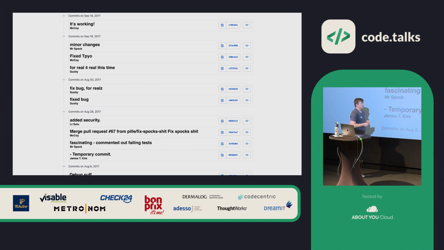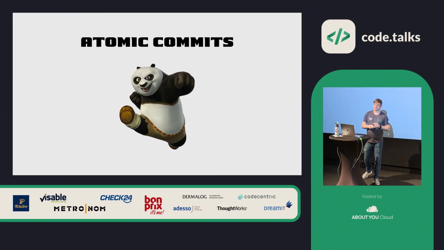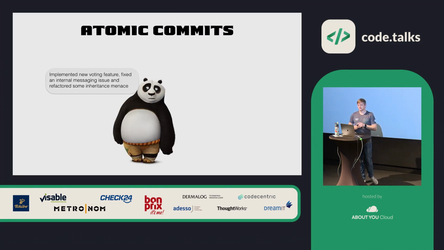And I want to start with something that's called atomic commits. When we look at a commit like this: implemented new voting feature, fixed an internal messaging issue, and refactored some inheritance. That's an awful lot in that commit message.